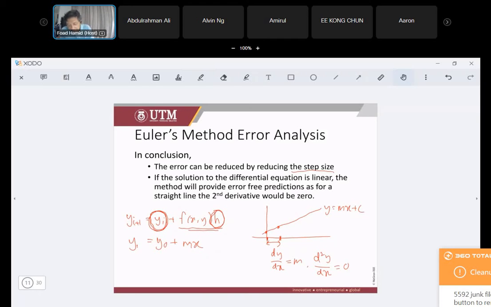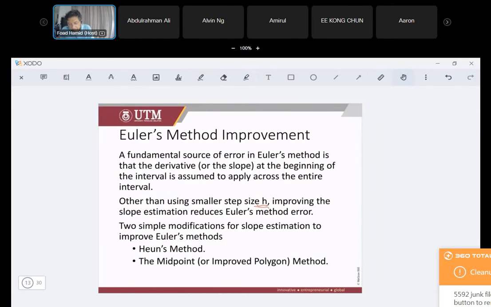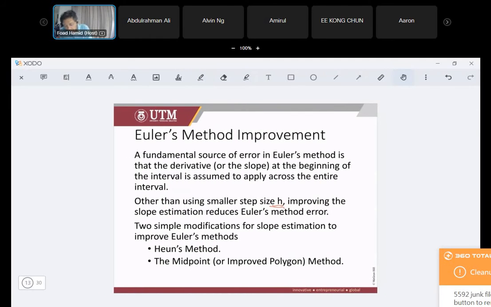The other way is to improve our slope approximation. So the Euler's method improvements are, one, using a smaller step size, and the next is improving the slope estimation, which is the second approach.